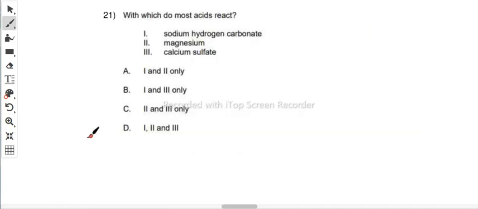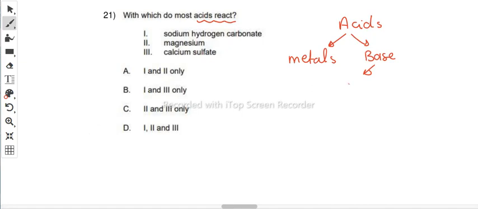Now we have the last question. With which do most acids react? Remember, when we are talking about acids, acids all react with metals and they definitely react with bases. And when we talk about bases, it could be a base with a hydroxide, or with an oxide, or with a carbonate.